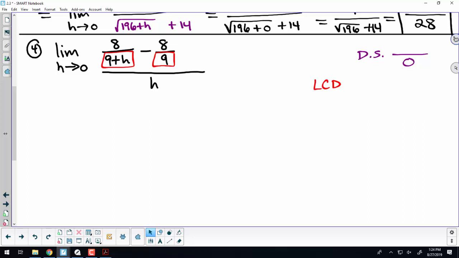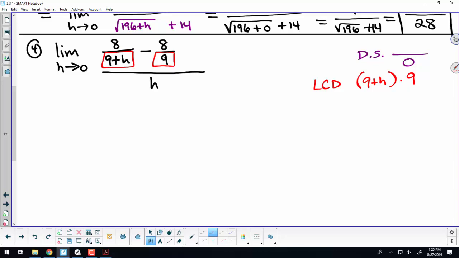So if I just take the 9 plus h as denominator number 1 and multiply it by the other denominator, then in this case it is the lowest common, but that would give me something to work with. If it's not the lowest, then we'll just have to simplify what we have on top. I think it's easier just to think of it that way: just take the denominators and multiply them all together.